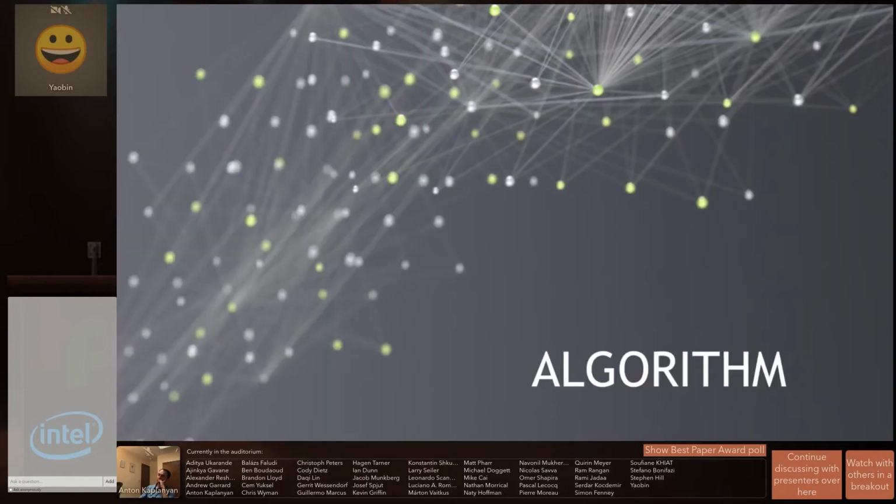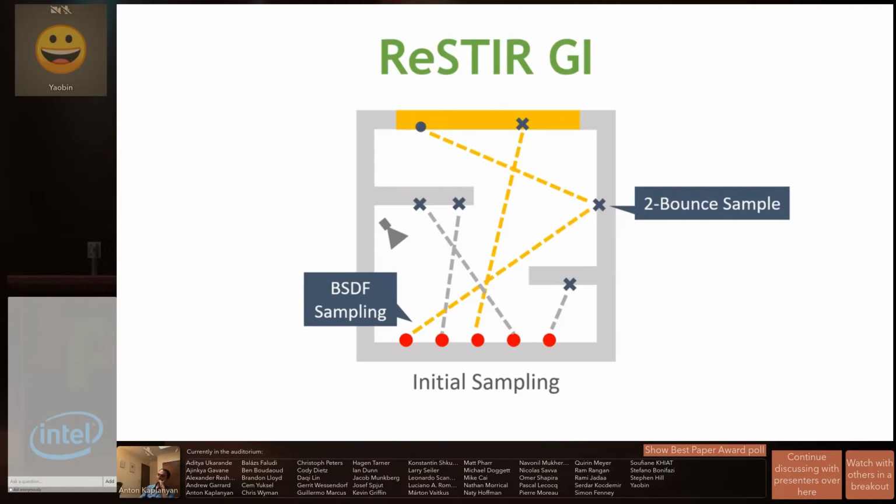Now let's see the algorithm. For our ReSTIR GI algorithm, the overall steps are similar: initial sampling first, followed by sample reuse. The difference is, in initial sampling, we use BRDF sampling instead of light sampling. That means we sample random directions first, then trace rays and find the hit point.